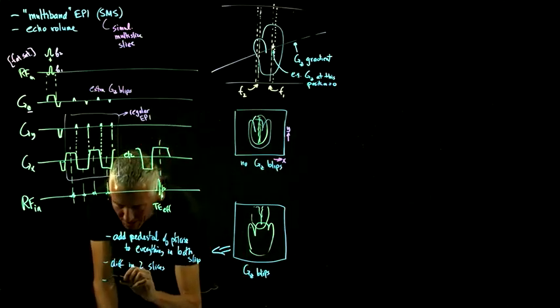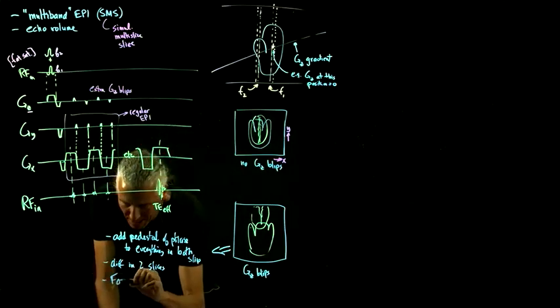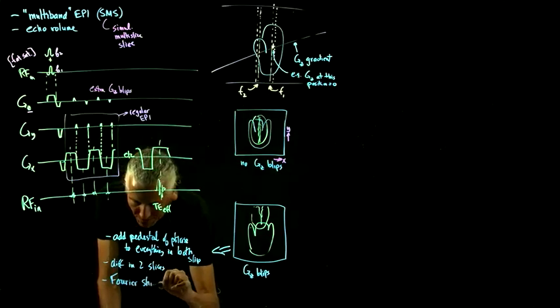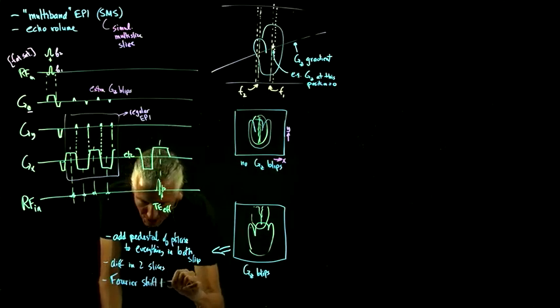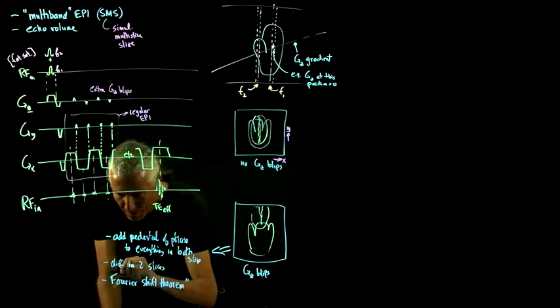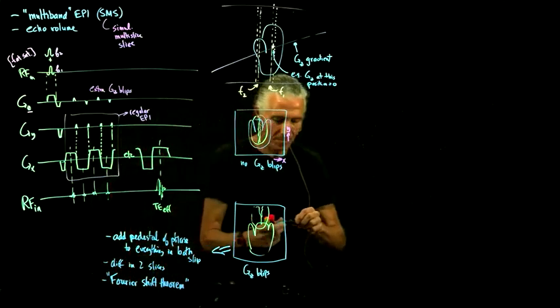There's two things, and the reason it does that is because of the Fourier shift theorem, which we'll go over in more detail next week, but we already did this intuitively.